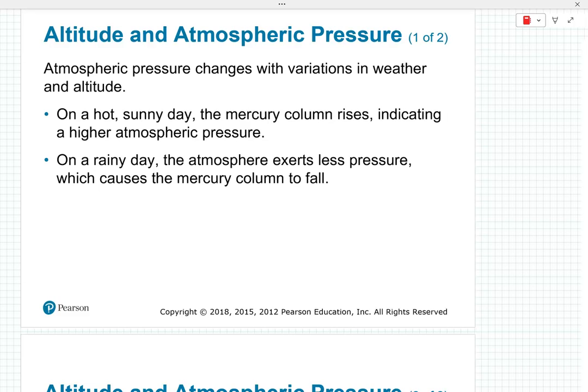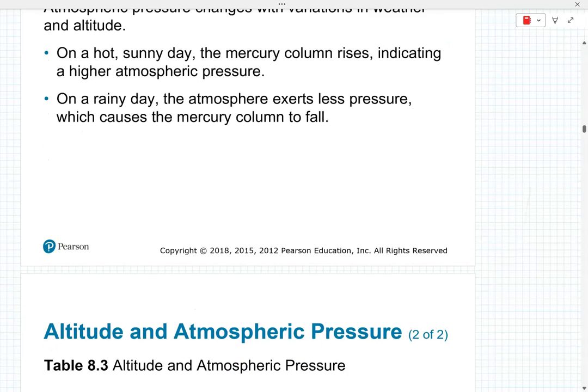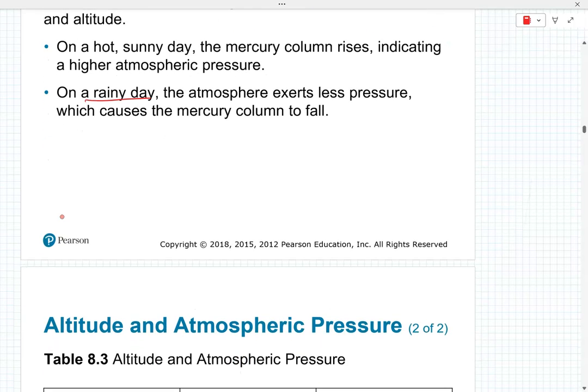So the hotter it is, the greater the pressure. Changes are small, seriously. It's not like you go from 760 to 1500, okay? Does that make sense? And when it's cooler, the pressure goes down.